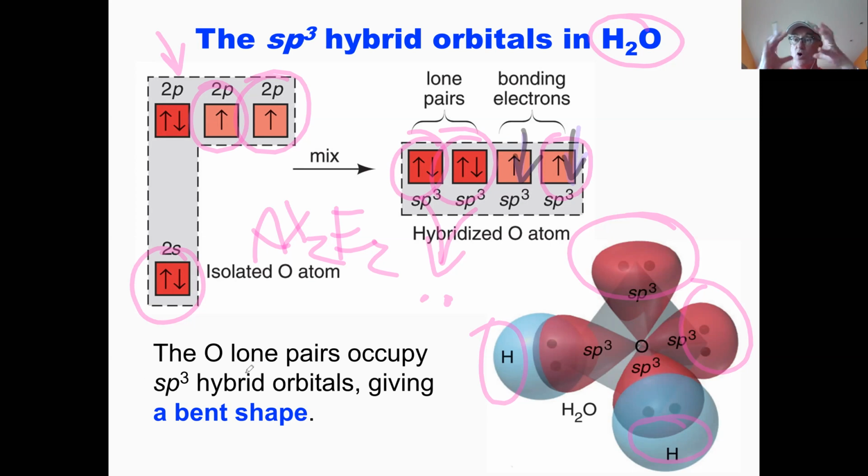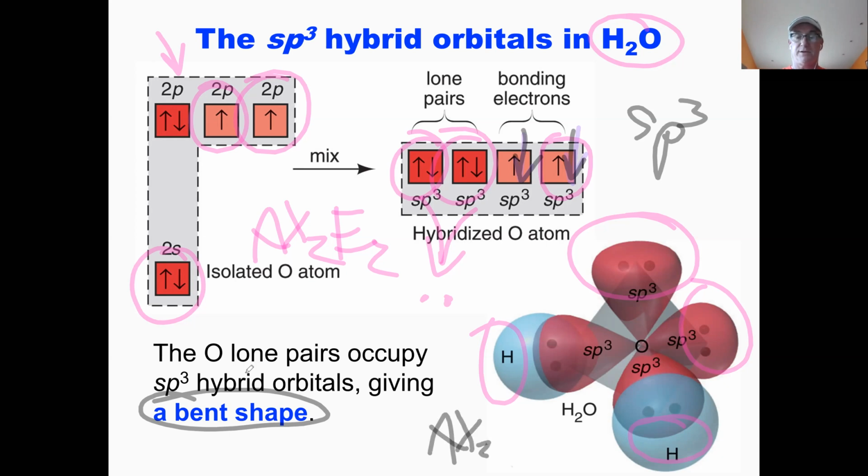You get the overall tetrahedral geometry that comes with sp3. sp3 will always give you a tetrahedral geometry because there's 4 electron regions separated by the maximum distance. But we know that this is a bent shape because it's AX2E2.